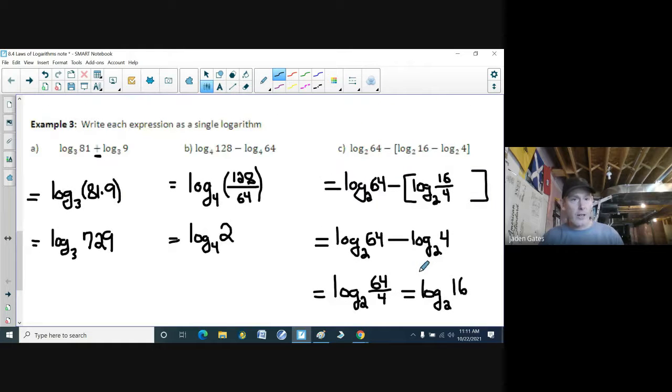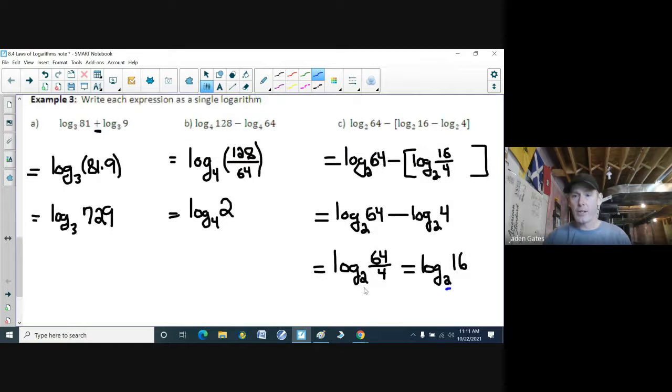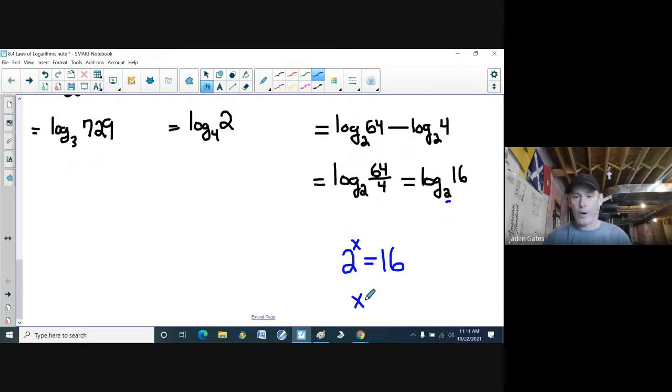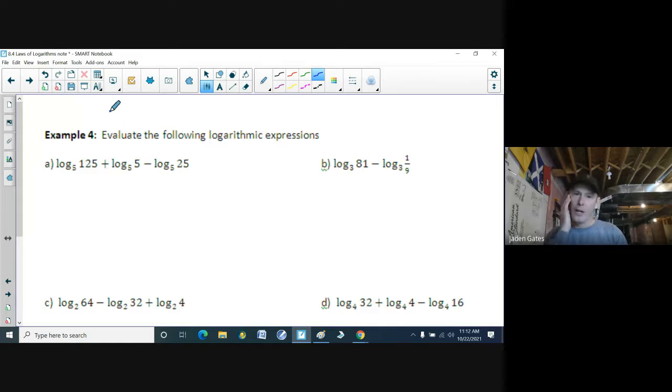It doesn't say to, as it says to write it as a single logarithm, which I already did. But I could actually evaluate that, because what that's saying is there's your base is 2, we don't know what the exponent is, but the answer is 16. And in this case, I could evaluate that whole mess, because 2 to the power of 4 is equal to 16. There we go. It didn't ask us to do that, but I could do it. Probably have that in a future question here. Oh, I do.